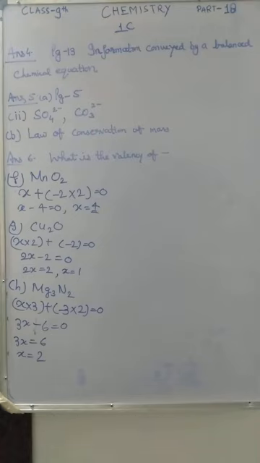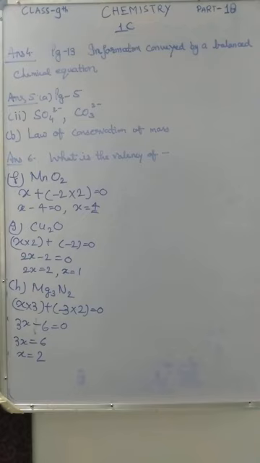Now question number 8, write the balanced chemical equation of the following word equations. Word equations are given. First you have to write in symbolic form and then you have to balance it. So this answer you have to do by yourself. Okay. Now question number 9, define atomic mass unit.